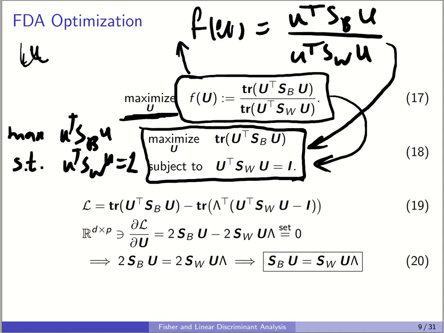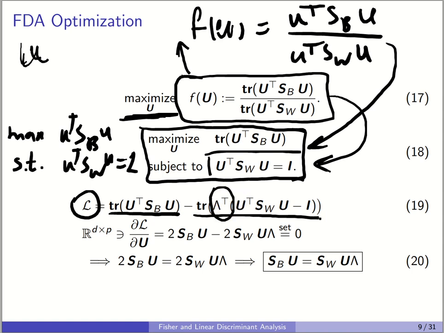We just take the derivative and set it to 0. But here we have a constraint, and this constraint is a pain in the neck. So you say, okay, let's have the Lagrangian. It says that this is the objective function, and we penalize the constraint somehow with some weight.